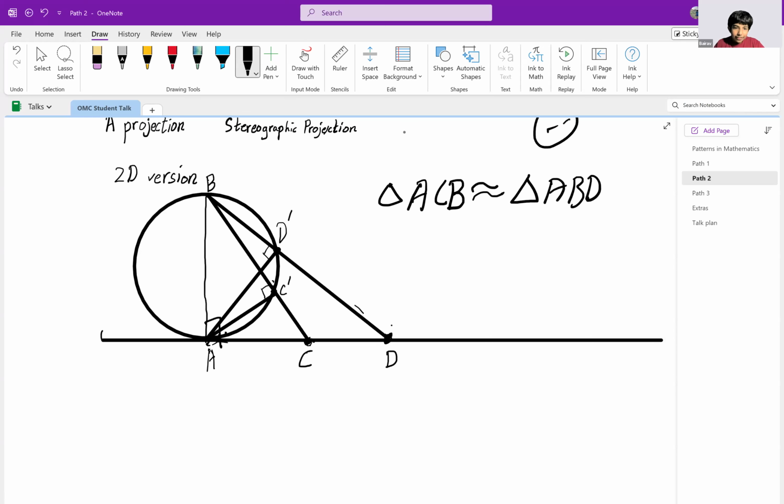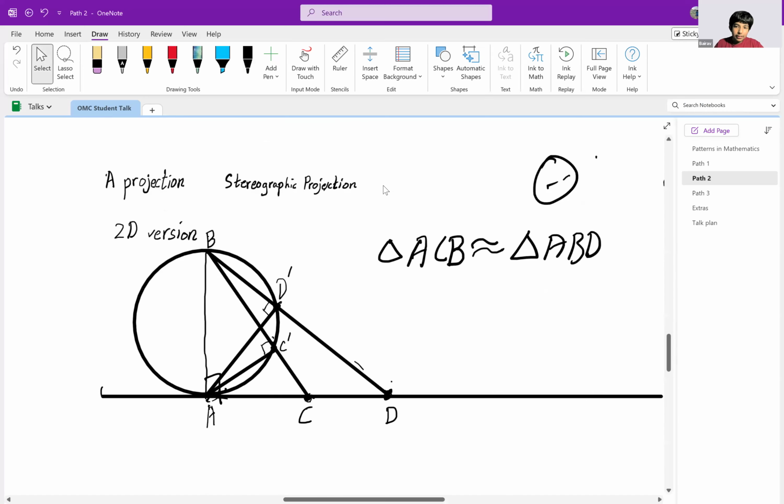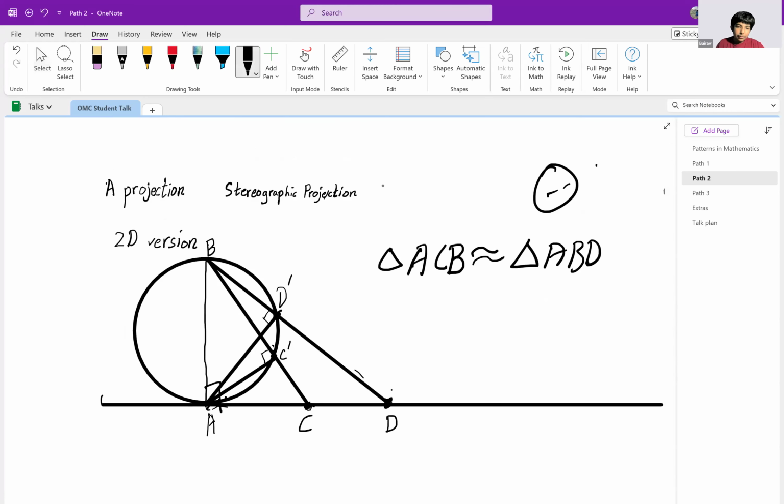Then these are perpendiculars because these lie on the semicircle. So yeah, stereographic projection, by the way, is just we have this sphere and we take the top point of the sphere and draw lines through it from the sphere to the plane, and we project from the sphere point to the plane point.